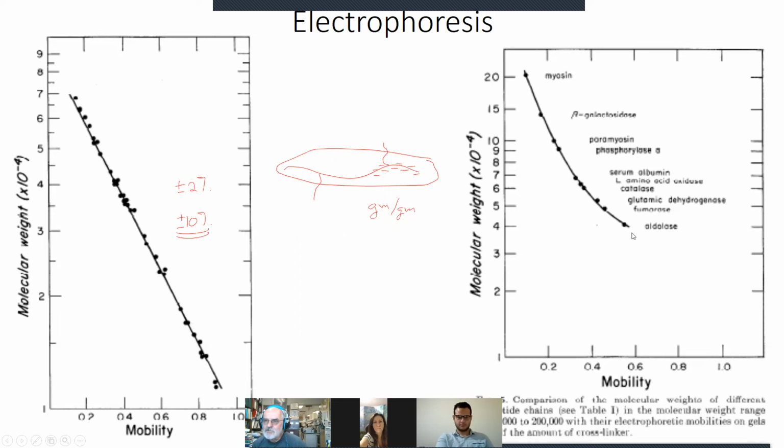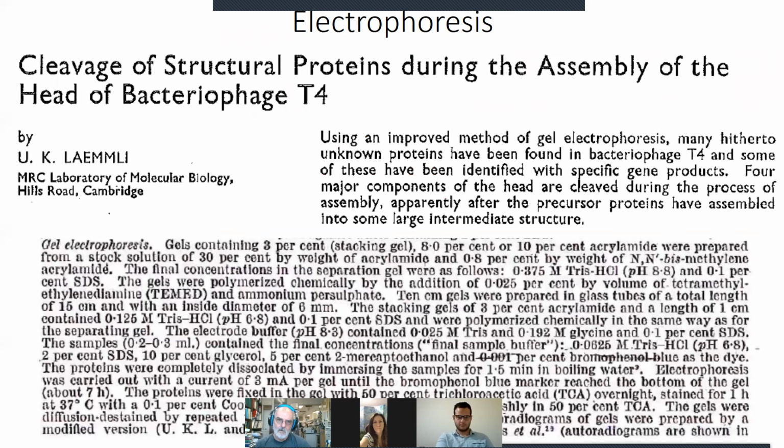You can use this as a calibration. You can run unknowns on here. To extend this to higher molecular weights requires standards, and certainly at this time, there was nothing available above or around 200 to 300,000. So this part of the curve is not easily calibrated. You can do things in this molecular weight range, but there are limitations in the overall molecular weight. Okay.